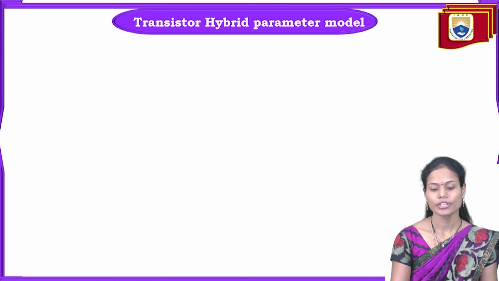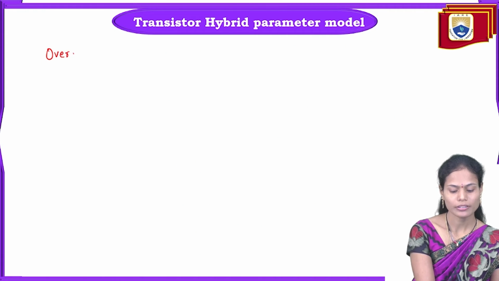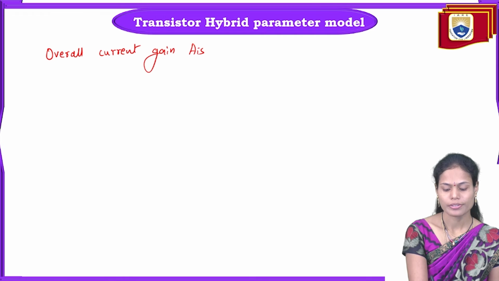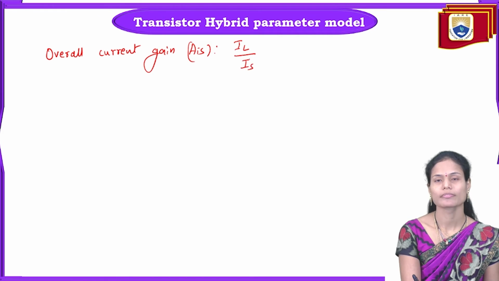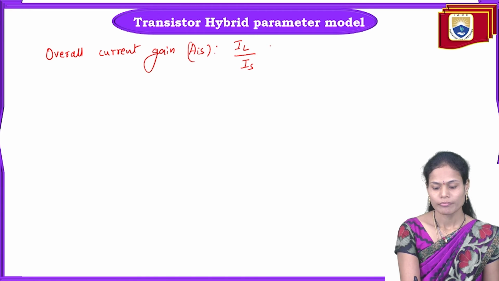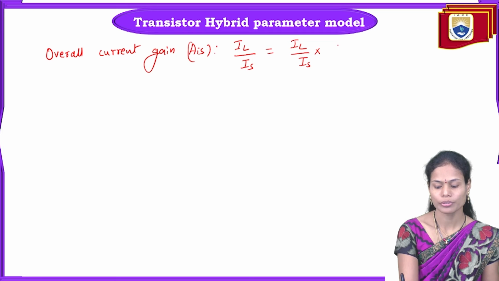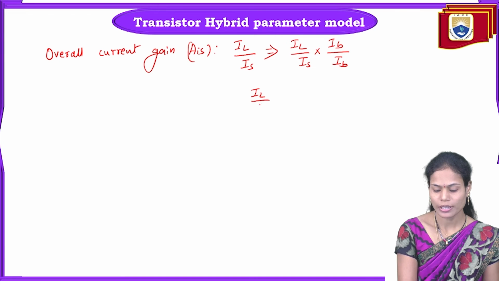And next, we need to find the overall current gain. AIS is equal to IL by IS. We can write this as IL by IS into IB by IB, so it becomes IL by IB into IB by IS.